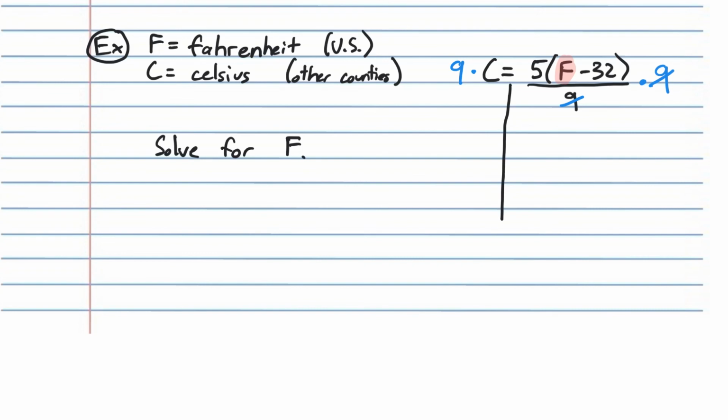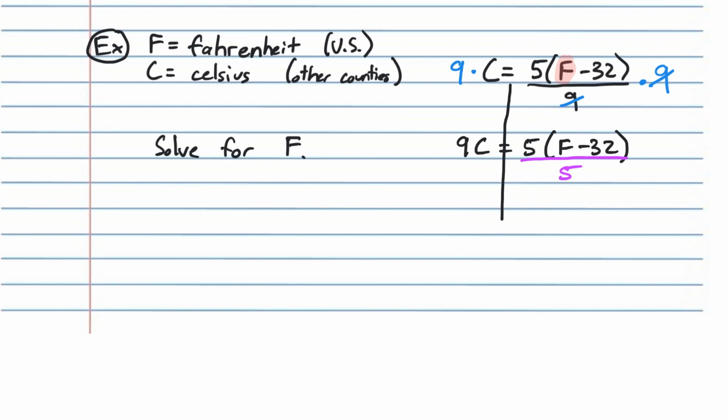Now we have this. 9c is equal to 5 times f minus 32. Okay. Again, we could, if we wanted to, distribute that 5, but I think that just makes more work for us. Okay, let's just do the same we did before, right? We want to get rid of the 5, so let's just divide by 5.